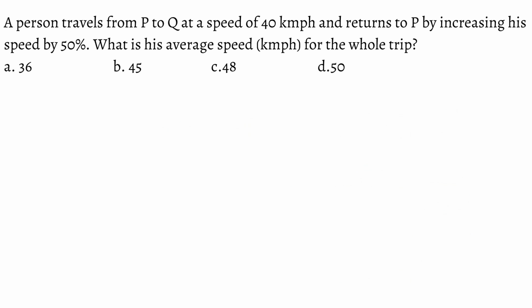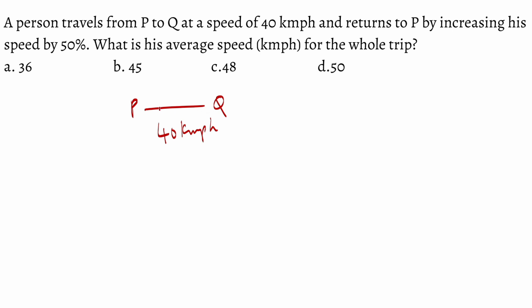A person travels from P to Q at a speed of 40 km per hour and returns to P by increasing his speed by 50%. What is his average speed in kilometer per hour for the whole trip?